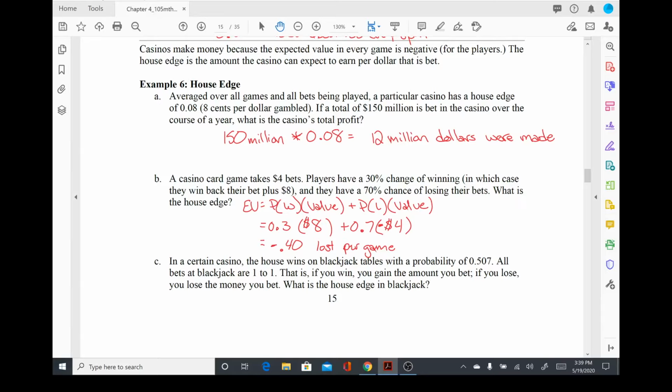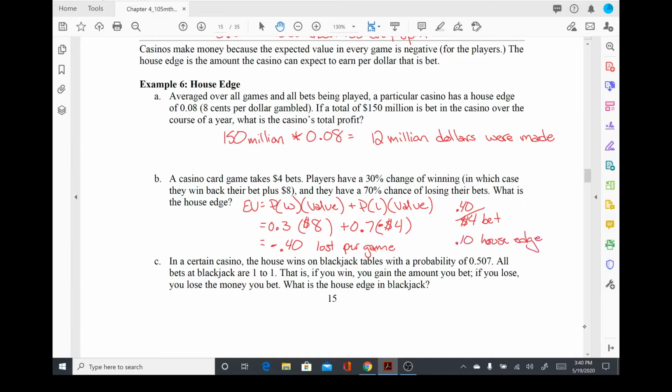How much are you losing per dollar gambled? It cost you $4 and you lost 40 cents. So we'll take the 40 cents and divide that by the $4 bet. And you'll find that your house edge is 10 cents.